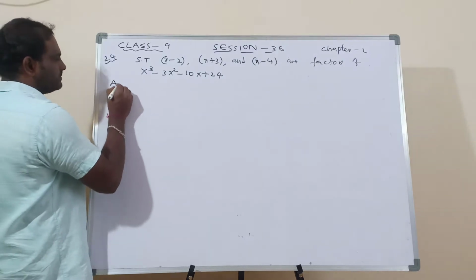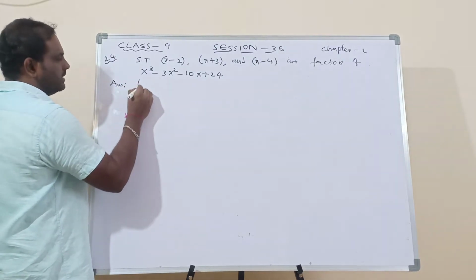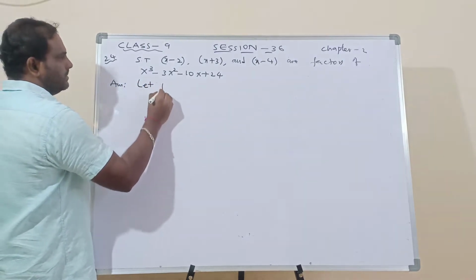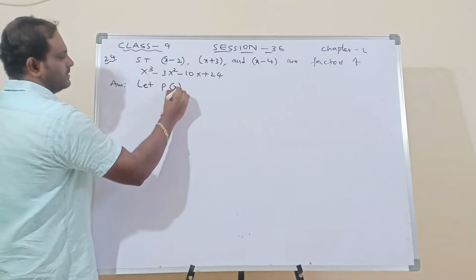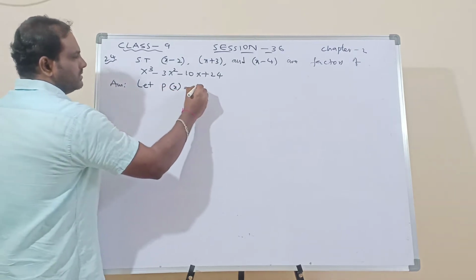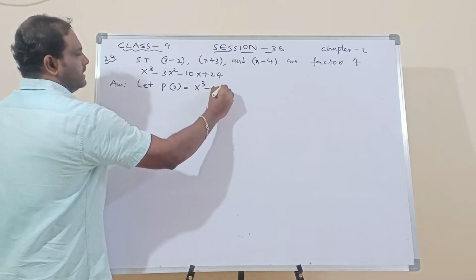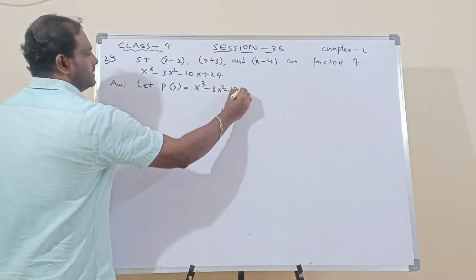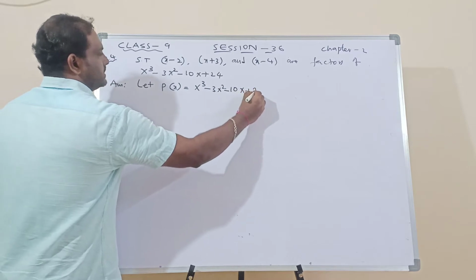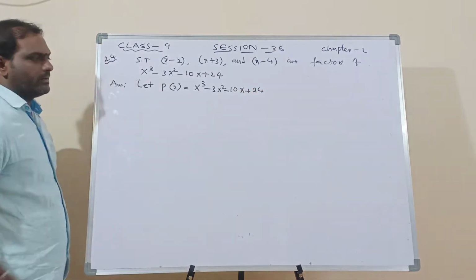Answer. Let P of x is equals to x cube minus 3x square minus 10x plus 24. This is already given.